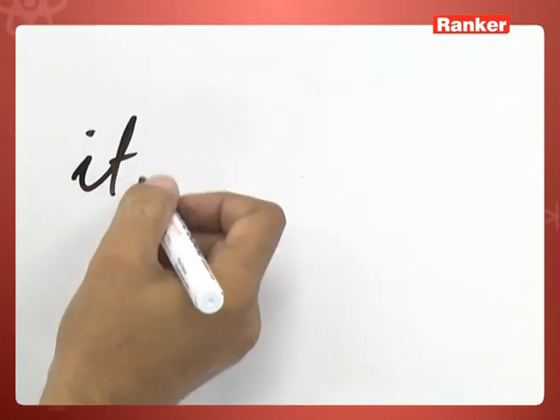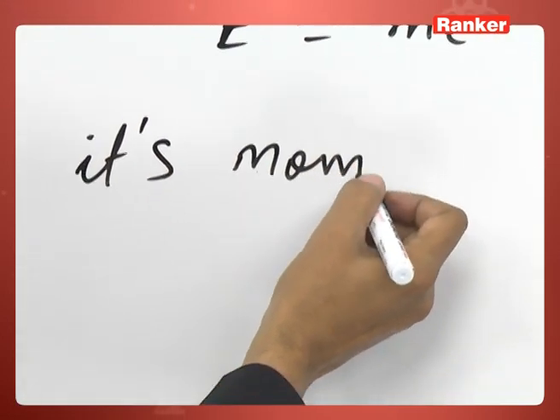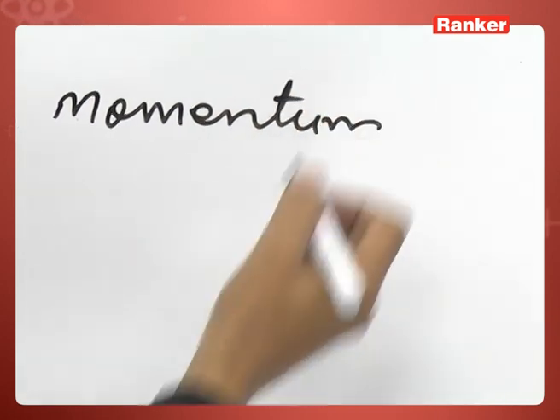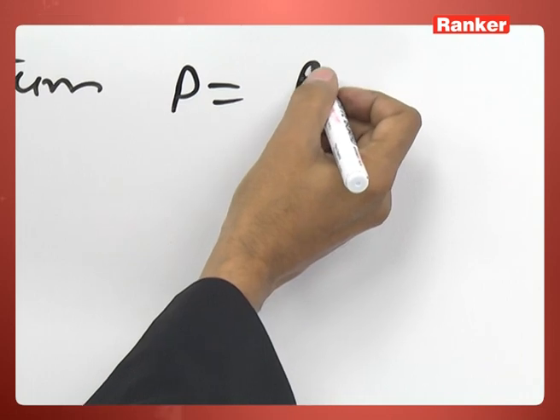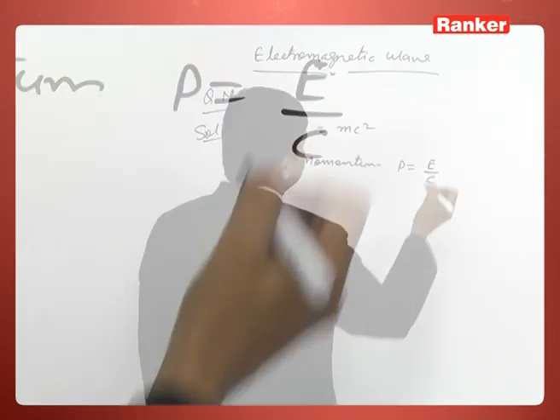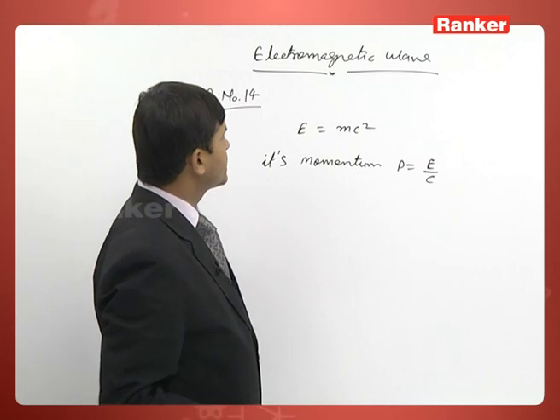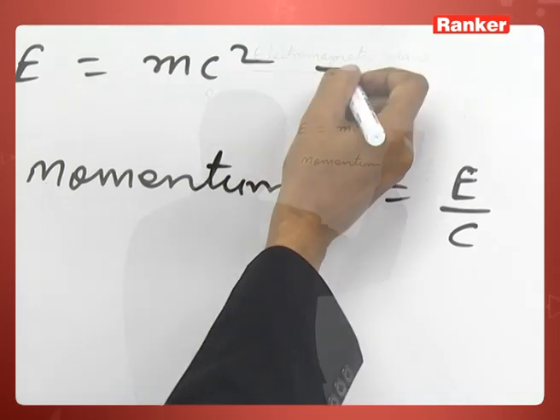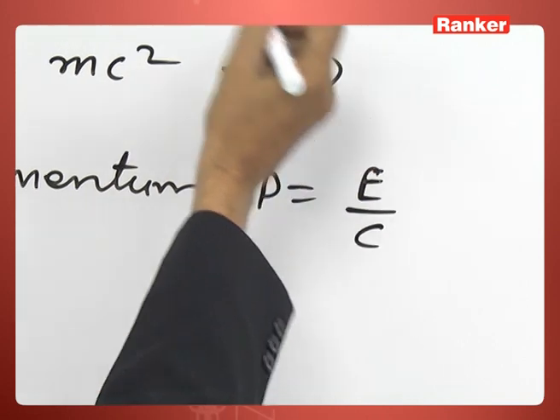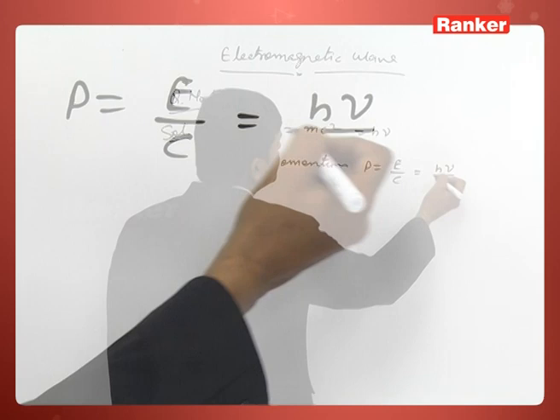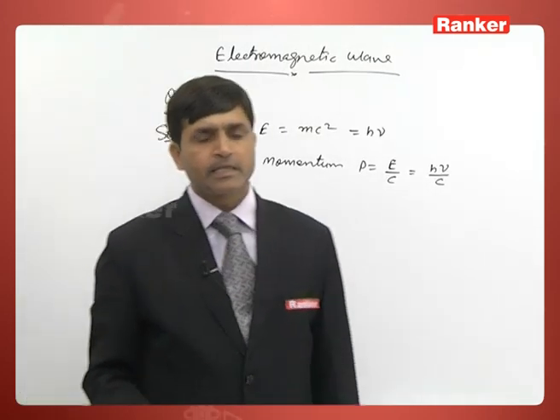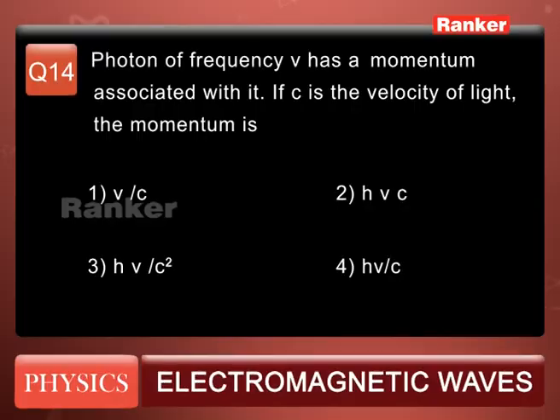Its momentum is given as P is equal to E by c, because E by c is nothing but m into c, and E is further written as h into nu. Now we can write here E as h into nu by c. So the momentum of a photon is given as h nu by c. So our correct option is option number 4.